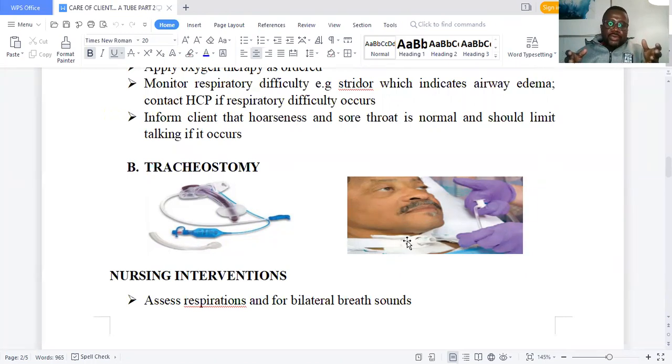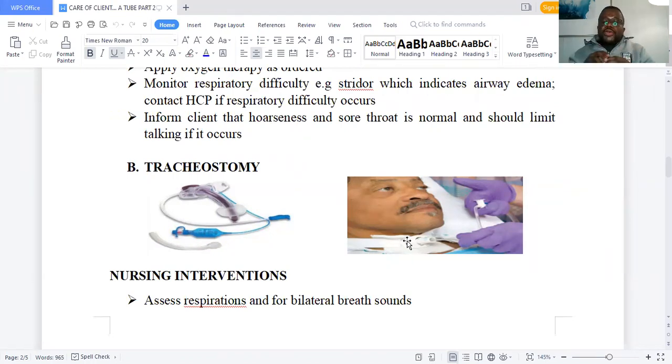Put in simple terms, it is a clean and sterile procedure, okay? You don't need to put on sterile gloves, but you should not touch specific parts. Those parts that have contact with the client have to be kept sterile. That's what they call aseptic non-touch.